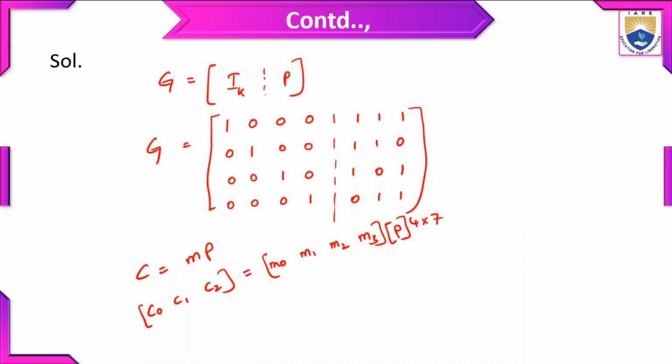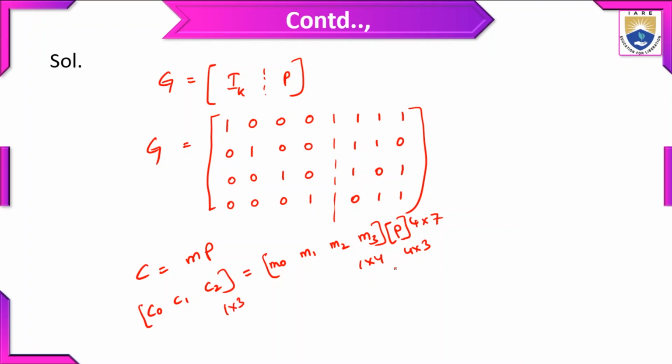So the P size is 4 by 3. So this one is 1 by 3, this is 1 by 4 and this is 4 by 3. So what is the size of the parity matrix? It is 1 by 3 size.